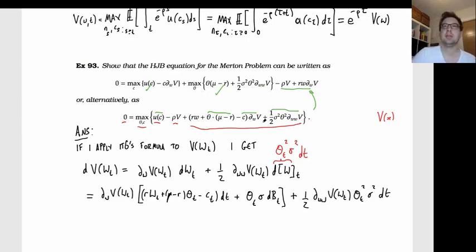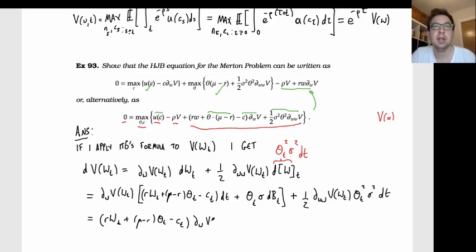If I simplify all of this and look at the drift term that I get from Ito's formula, I'm going to get (rW(t) plus (mu minus r) theta minus C(t)) times the partial derivative with respect to W of V(W(t)), plus a half the second partial derivative of V(W(t)) times theta squared sigma squared, and all of that is dt.